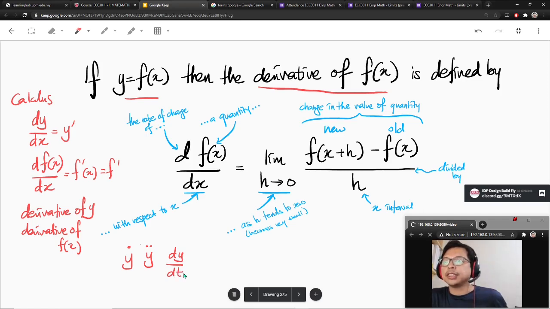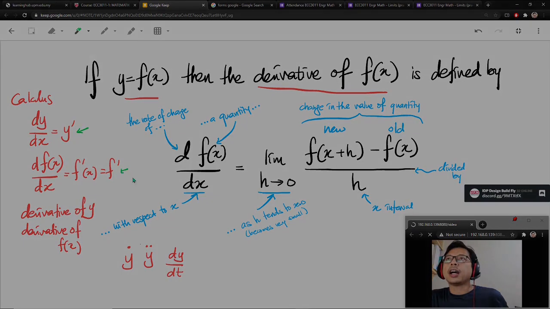So anything with respect to time usually is denoted by a dot or double dot on top of y. But in general we are going to look at these notations.